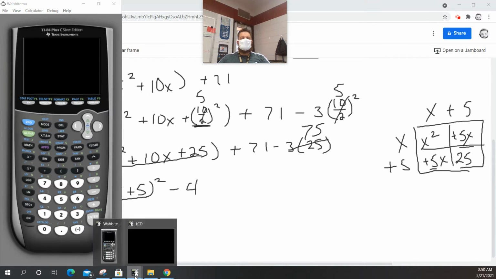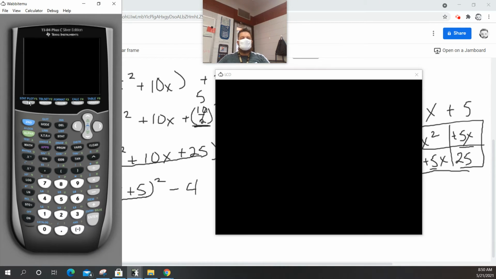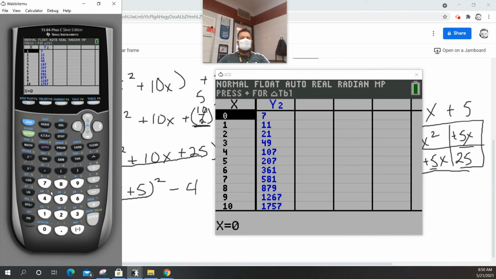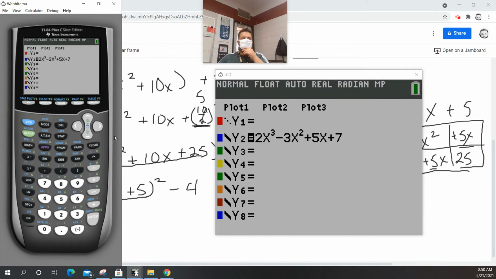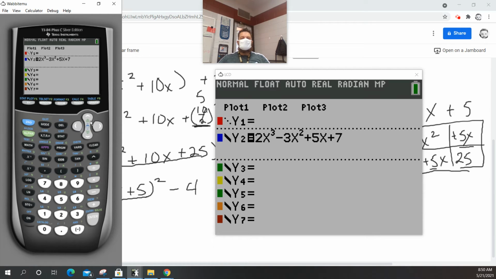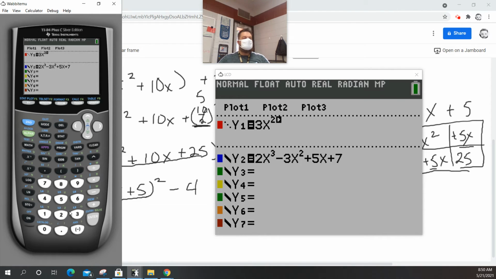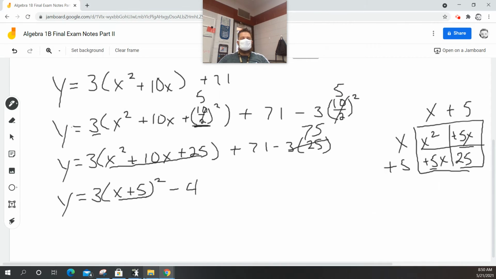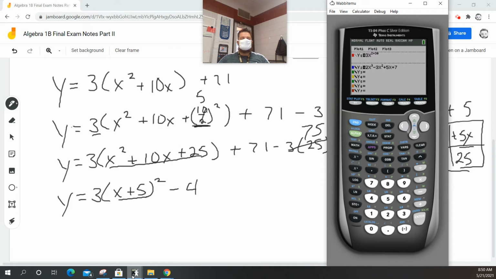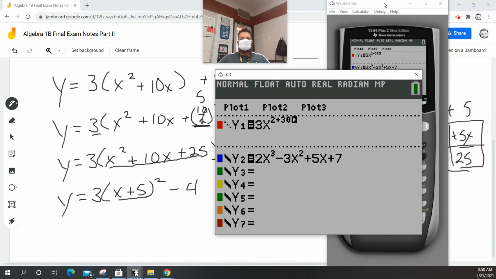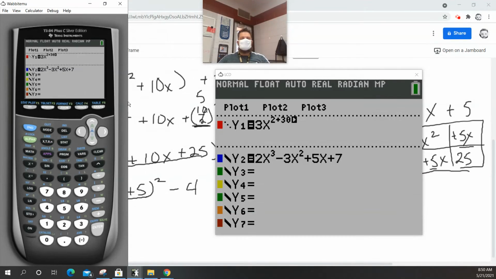Now I'm going to show you a quick trick that you could do on the calculator. We want to verify that what we've just done is the same as what we started off with. So I'm going to graph them, and they should be the same graph. I'm going to do the original function, which is 3x squared plus 30. Whoops, dang it. You guys are supposed to be paying attention and telling me where I'm making my mistakes. I do that stuff on purpose to help you guys out.